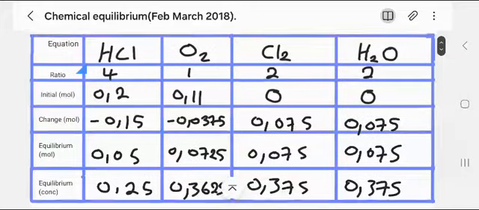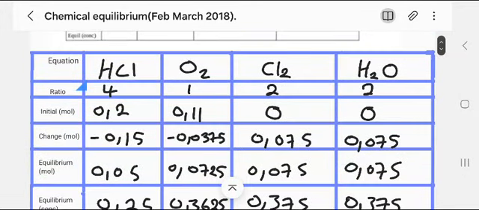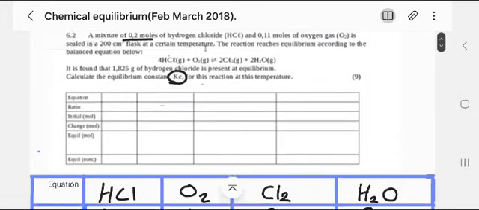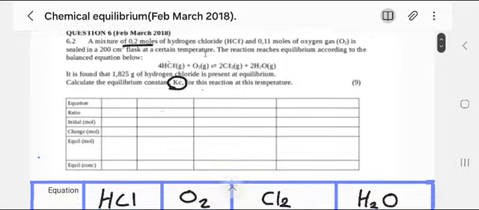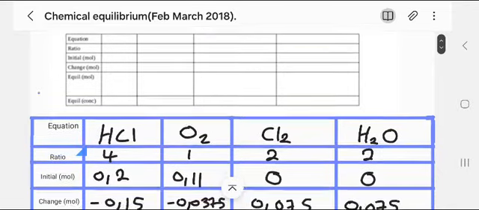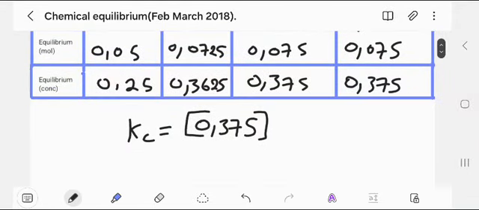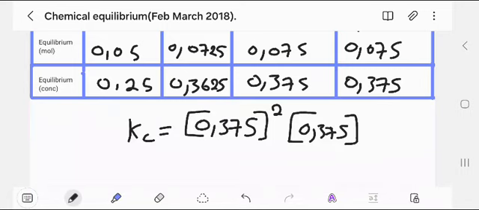Let's check. We have 2 there, so you see the 2, our mole ratio is 2. We square this, also we'll have 0.375. We square that, we have 2 there.